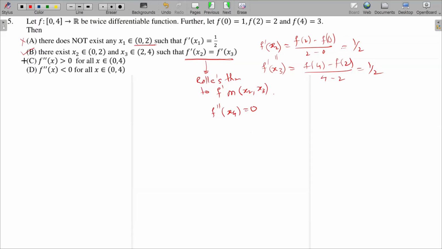But that means this cannot happen. Strictly greater or strictly less for all x won't happen because then in between it's going to be 0. Or whatever Sunil said is also a correct argument to go ahead with. Good.